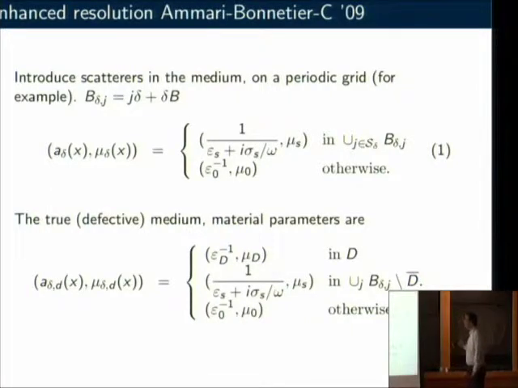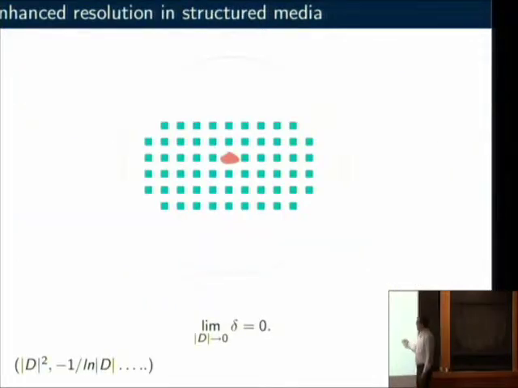Okay, so introduce scatterers in your domain. Say I'm going to modify my domain and put some scatterers. So let's say this is my object, and around it there are many scatterers to reproduce the experiment that was before. So what do you want for your scatterers? Well, you have a periodic grid. It's deterministic.